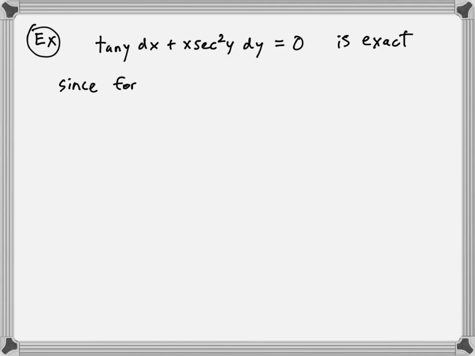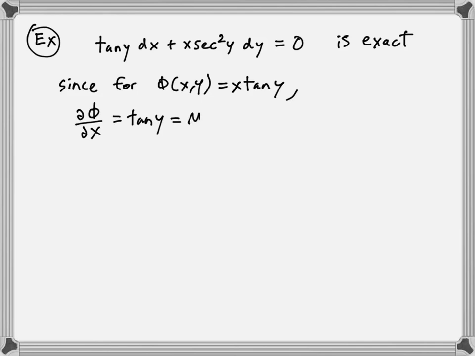Since for phi of x,y equals x tan y, what's the partial of phi with respect to x? If you take the derivative of x tan y with respect to x, you just get tan y, and that's equal to M. We notice up here that this is M and this is our N. And what's the partial of phi with respect to y?